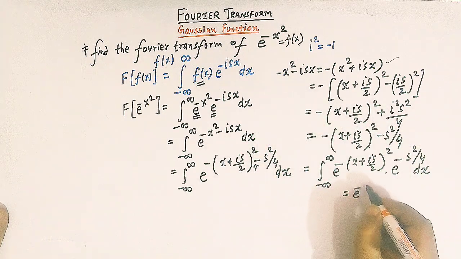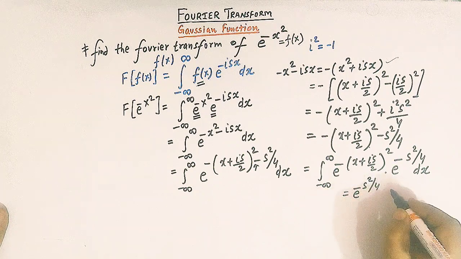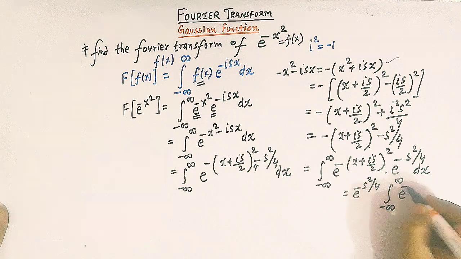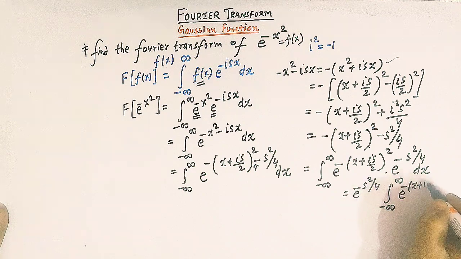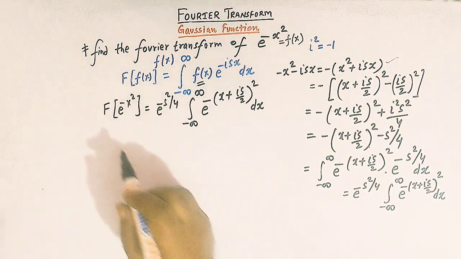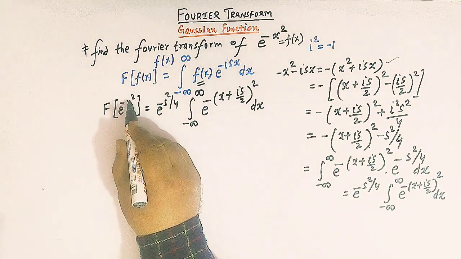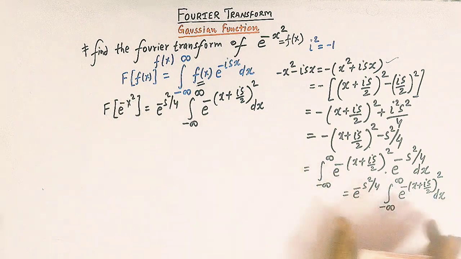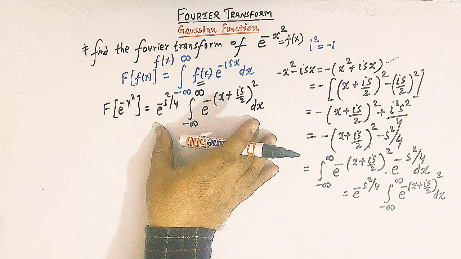So we have e raised to minus s square over 4, then the integral from minus infinity to infinity of e raised to minus (x plus is over 2) whole square, and here we have dx, right? So now the Fourier transform of e raised to minus x square is given by this term which we have written over here, right?